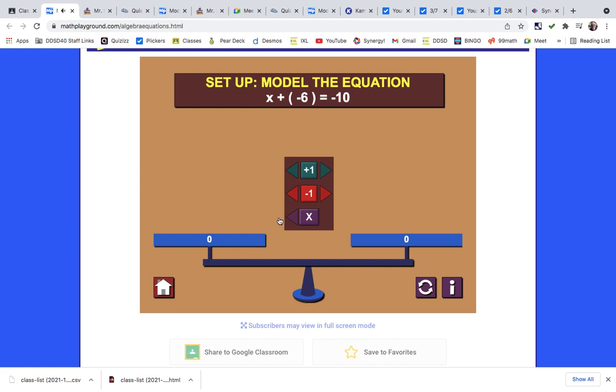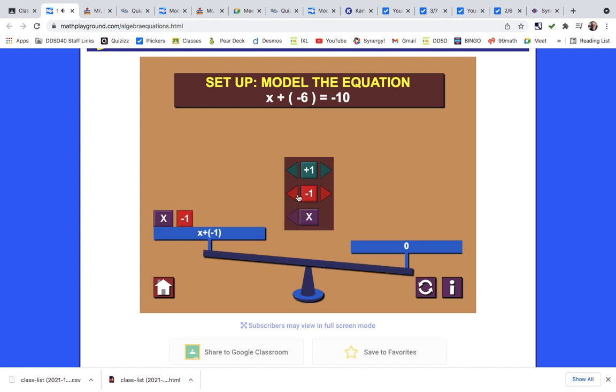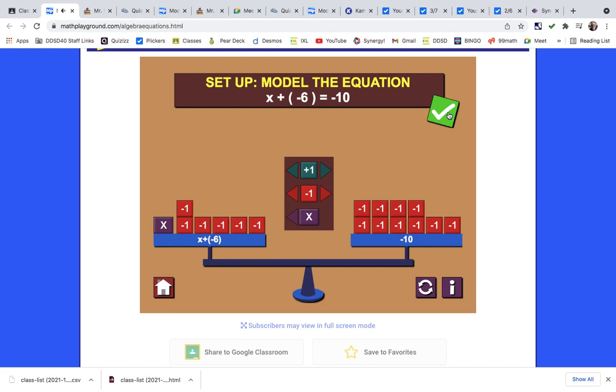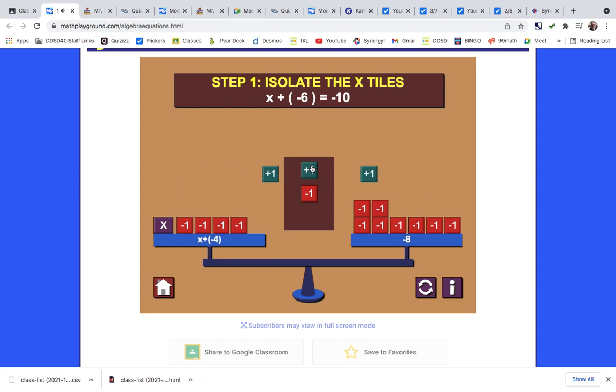And if you want to try another, just click on that. So x is over here, 6 negatives, and over here 10 negatives, balances, and then I'm going to hit plus 1 for both sides until all of them are gone on the left side.